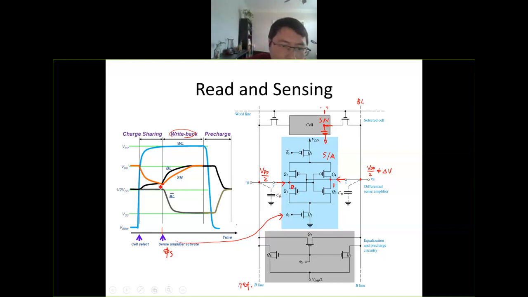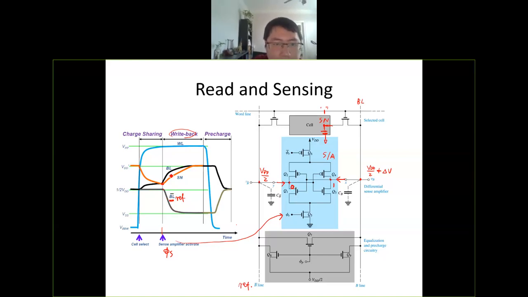And in this waveform, this BL bar is the reference line. After you turn on this bias, those two nodes are going to flip. And then the bit line will be flipped to 1. That means it's going to be VDD. And the other side is going to discharge to ground.